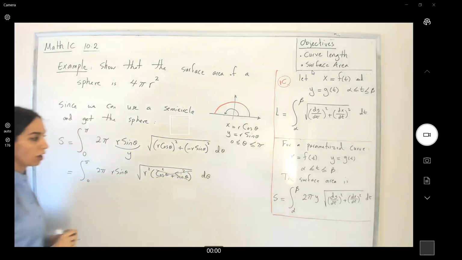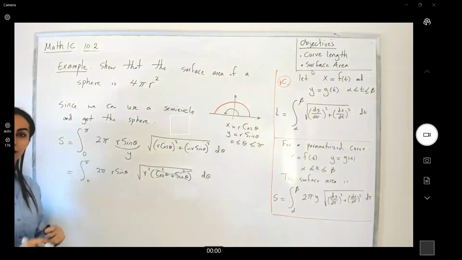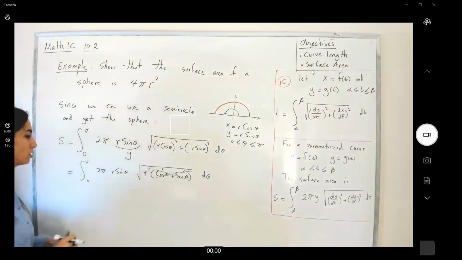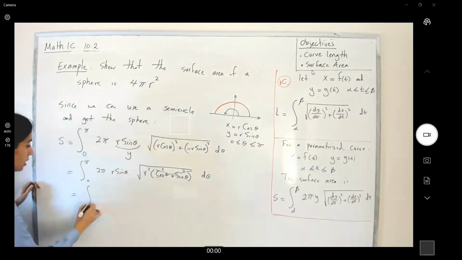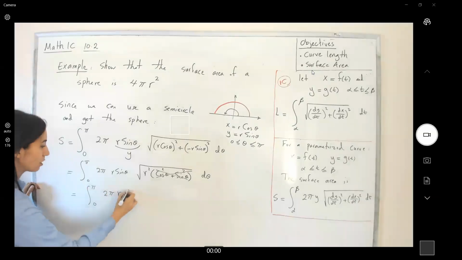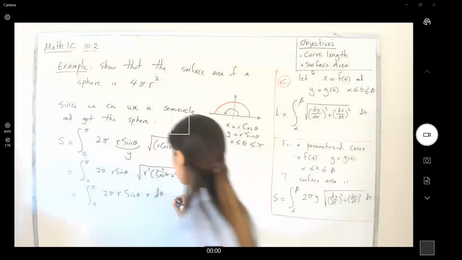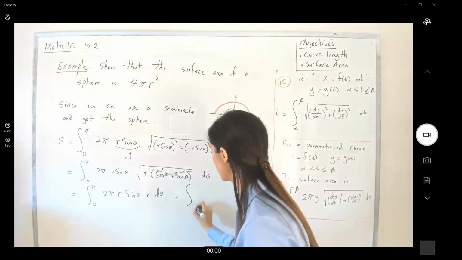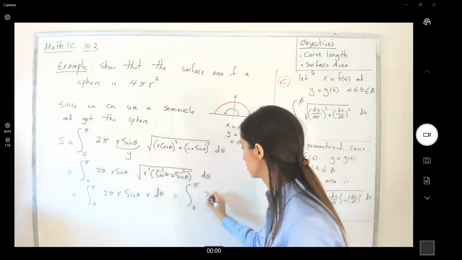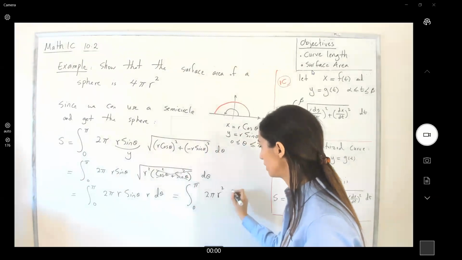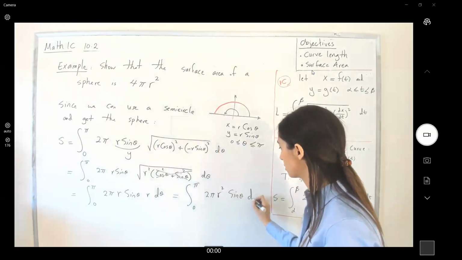This is equal to 1, and you get r squared inside the radical. You can just write it out: you get r. So you have the integral 0 to pi, 2 pi r sine theta times r d theta, which is equal to the integral 0 to pi, 2 pi r squared sine theta d theta.